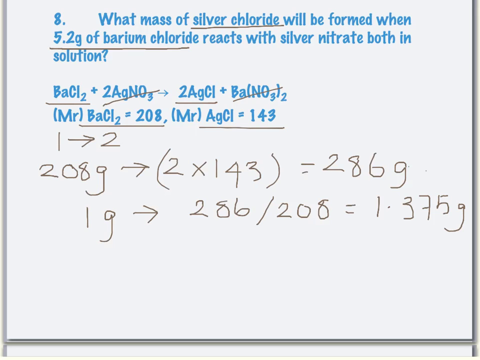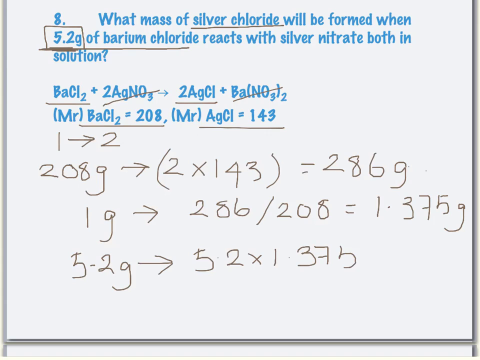So the initial question was how much silver chloride will we get from 5.2 grams of barium chloride. So 5.2 times 1.375.